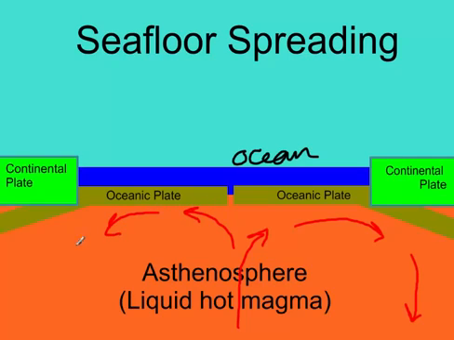And as it does so, it's dragging these oceanic plates, and so it's moving them apart. Now, we would expect there wouldn't be a gap in the ocean, so when that hot magma rises up at this gap right here, it's going to form a ridge, and you're going to have some underwater volcanoes as these oceanic plates are pulled to the side.